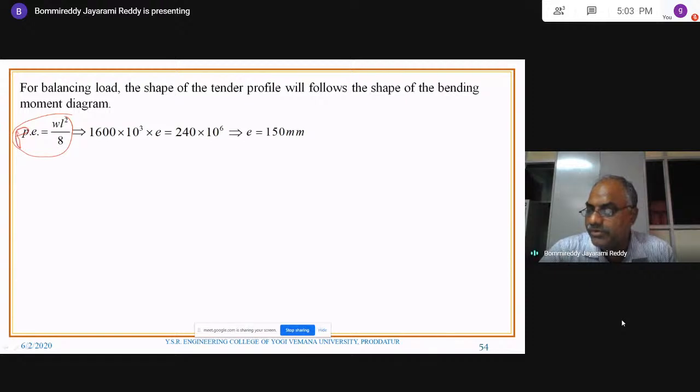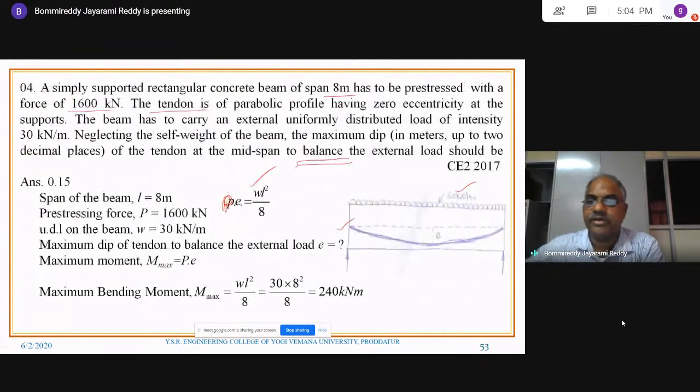No need of substituting all those things. P into E equals WL square by 8. WL square by 8 is 2240, and accordingly you will get 150. So this is a direct question. Just now we had a complete discussion on the load balancing concept in the previous problem also.